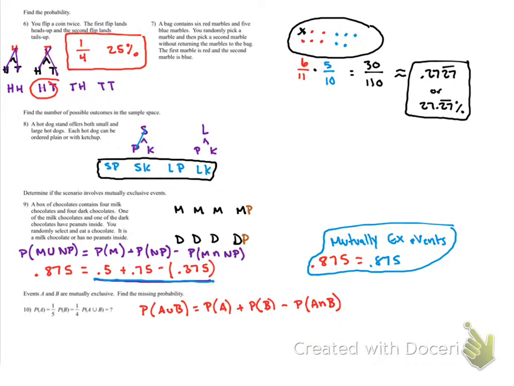Let's start plugging in. The probability of A or B is what we're looking for, so that's X equals the probability of A, changed to a decimal, 0.2, plus the probability of B, 1/4, changed to a decimal, 0.25, minus 0.2 times 0.25. Let me write it this way so it's less confusing.